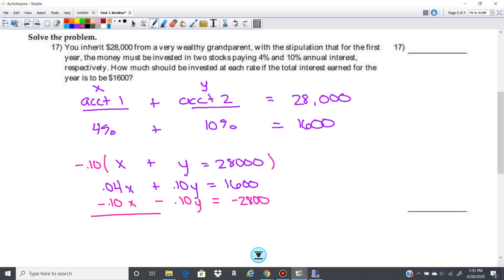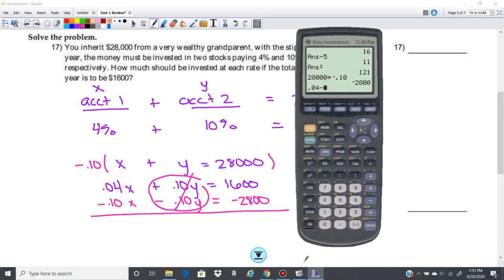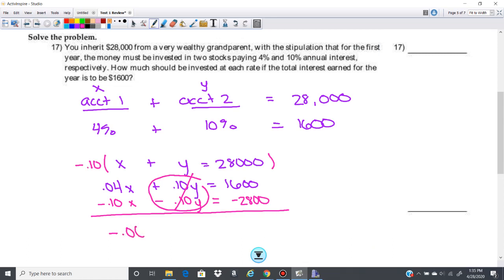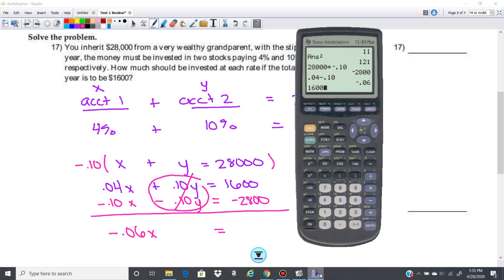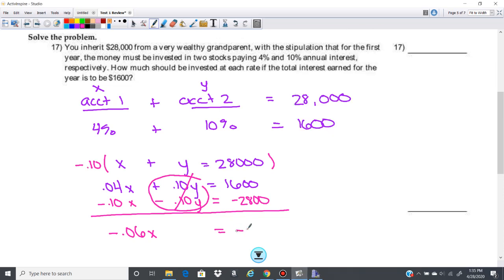Okay, now if I combine these two equations here, my y's are going to eliminate, 10y minus 10y. Okay, then I have 0.04 minus 0.10, and that gives me a negative 0.06x, and then 1,600 minus 2,800 gives me negative 1,200.